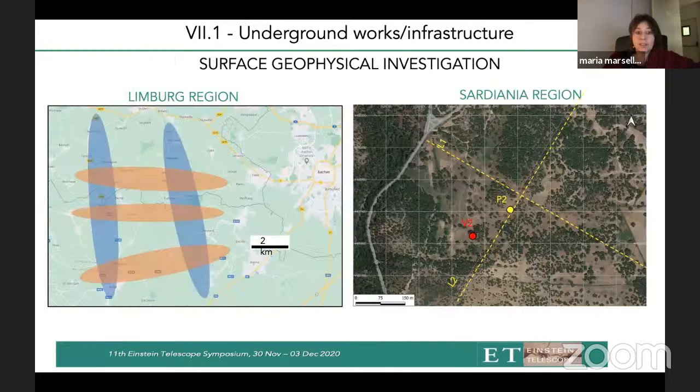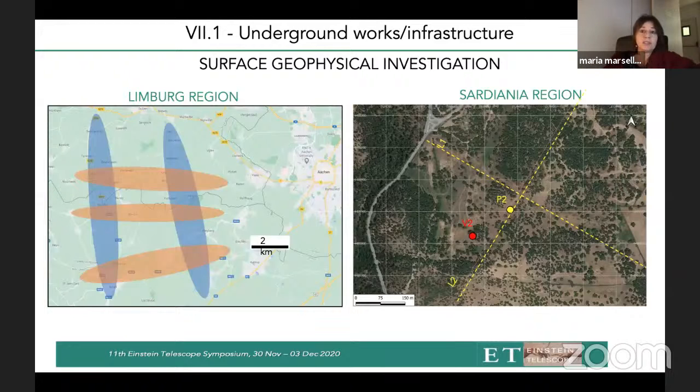And another activity is linked to the surface investigation. Let's say mainly the activity that can be done performing geophysical prospection. Florian talked to you about a large campaign that is starting in Limburg.